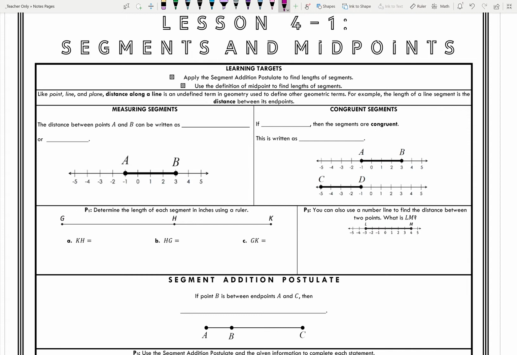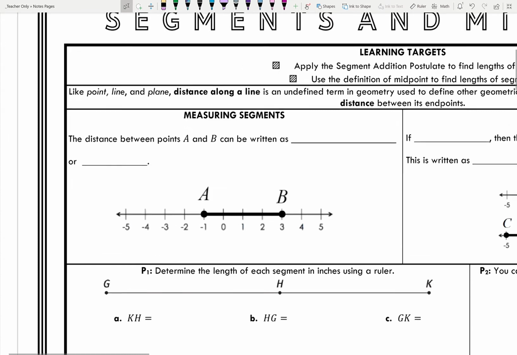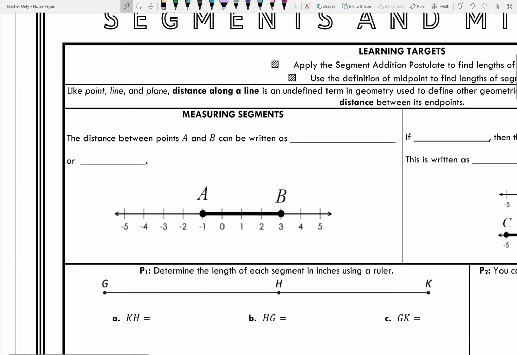So look at the first section. We have measuring segments. The distance between points A and B, so we look at the number line, A and B, can be written as the length of segment AB, which we write as AB without a line over the top.